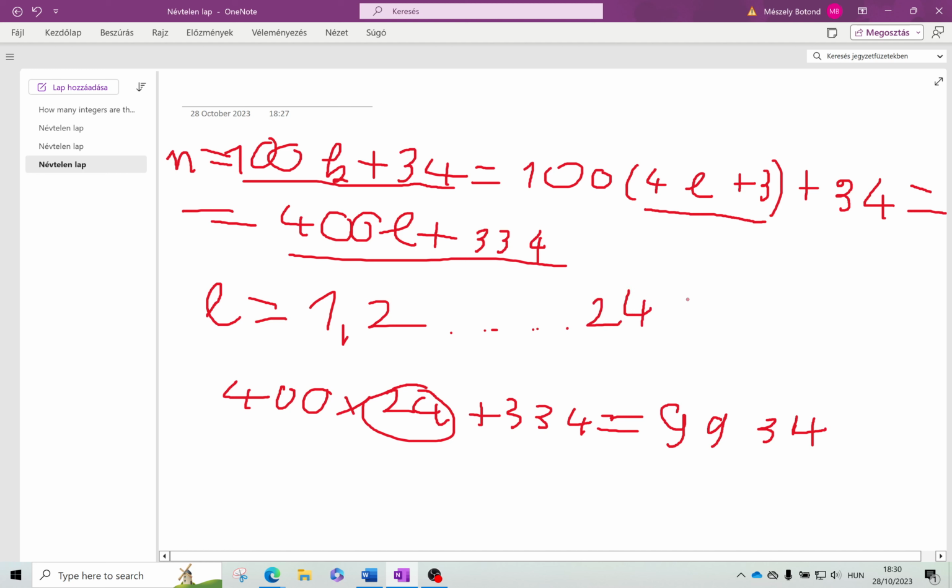To find this, you just have to try a few numbers. Usually you first try 10. If it's bigger, then go lower. If it's smaller, go up again.